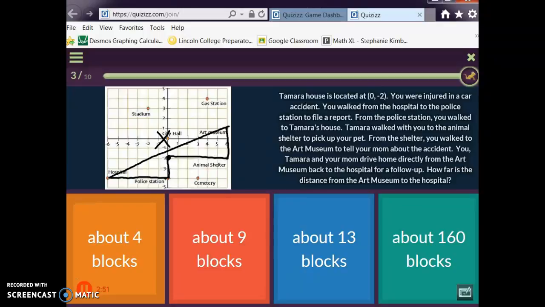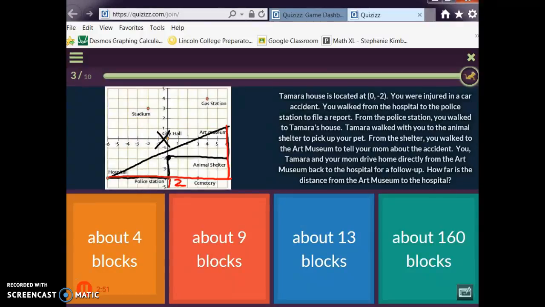Well, there's several different ways I can figure that out. This looks like a triangle to me, and it's a right triangle. If I count the spaces between the hospital to the art museum, that will give me 12 blocks. Then I went up from the police station to the art museum.